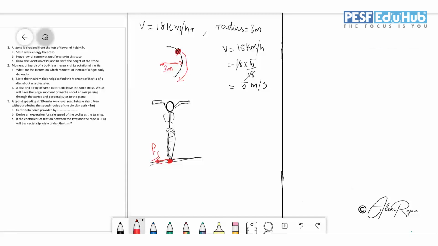The static friction will be acting towards the center of the circle, and this Fs will provide you what? The centripetal force. So your first answer is static friction.